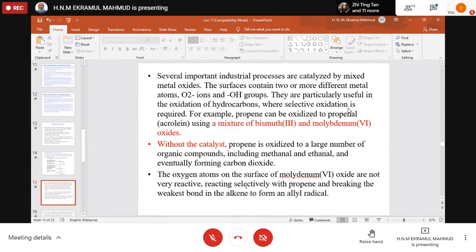The oxygen atoms on the surface of molybdenum oxide are not very active, so it works very well, reacting selectively with propene and breaking the weakest bond in the alkene to form allyl radicals.